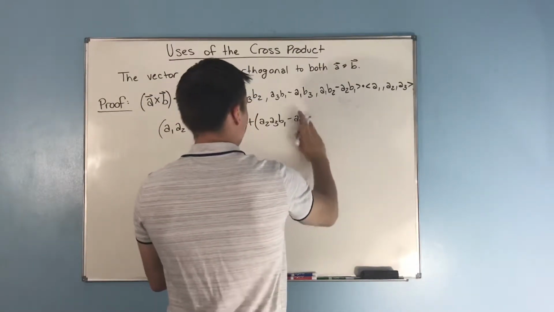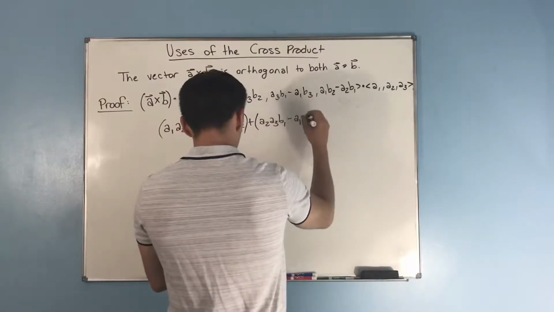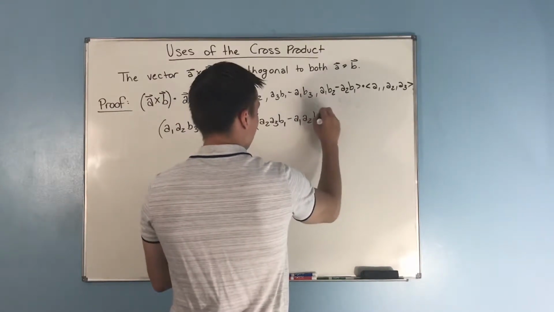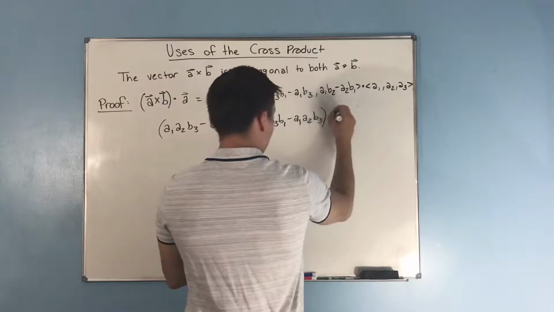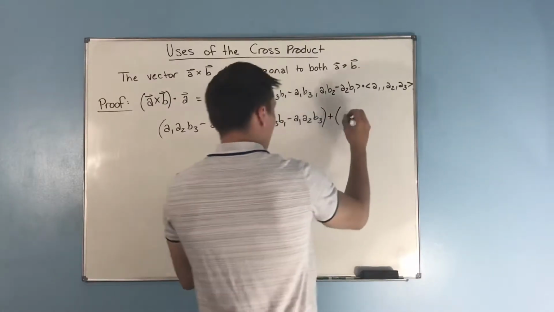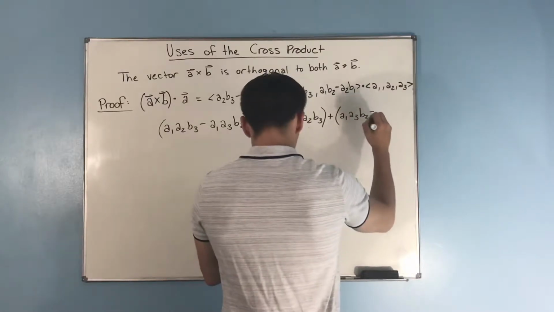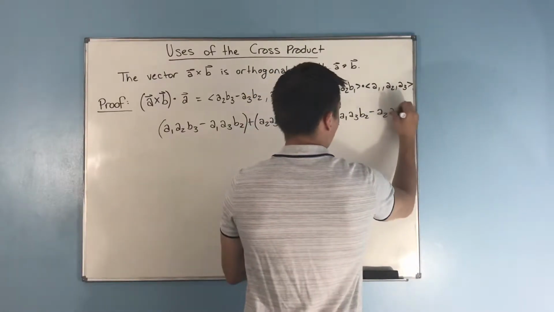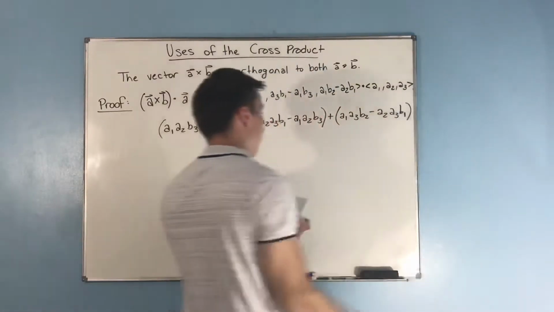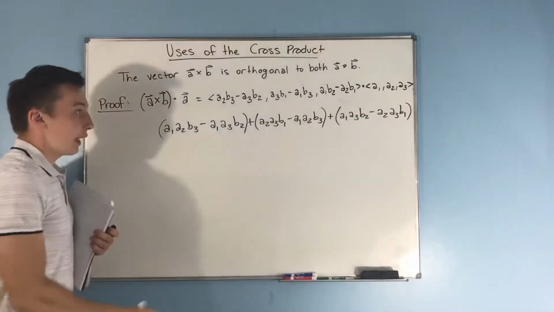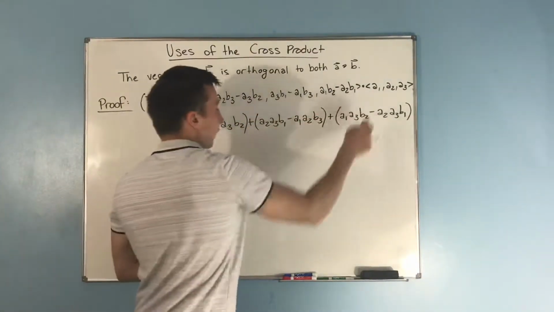Actually, no, sorry. It's going to be A1A2B3, and then a plus, and we're going to have A1A3B2 minus A2A3B1. So that's going to be the dot product of these two vectors.